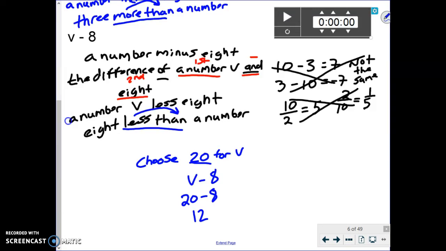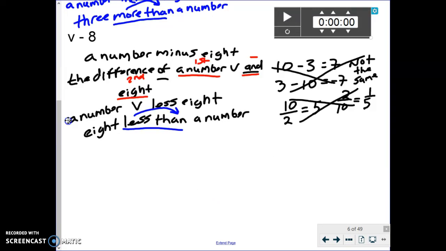If I wrote it the other way, though, if I chose 20 and I put my 8 in front and I wrote it in reverse, I would get negative 12, and that's not the same thing. So when we see the phrase less than, I need 8 less than that number, which means I have to take it or subtract it away from that number. So that's kind of an introduction to translating expressions.